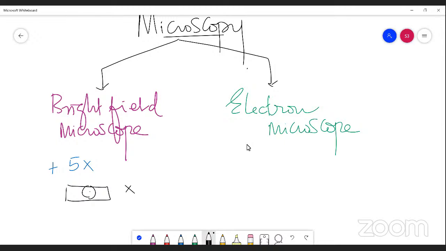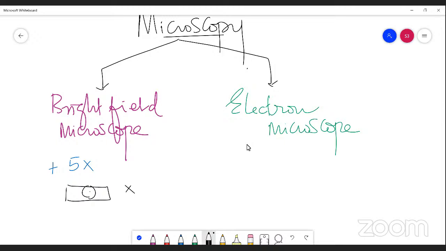Here, the normal size of an object can be increased by 5 times greater than the normal size of the image, right? So that is called 5x.